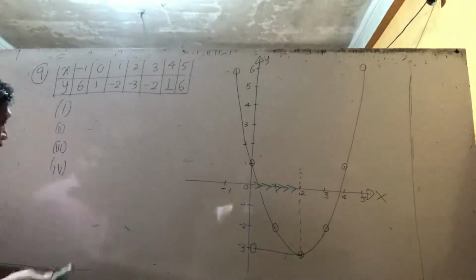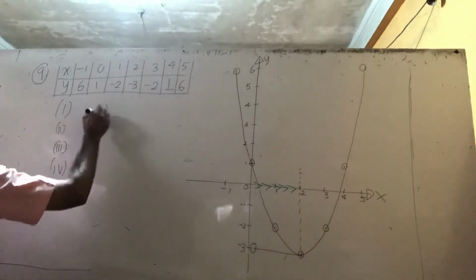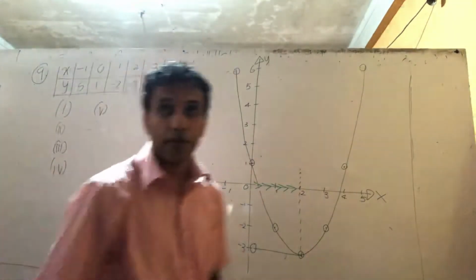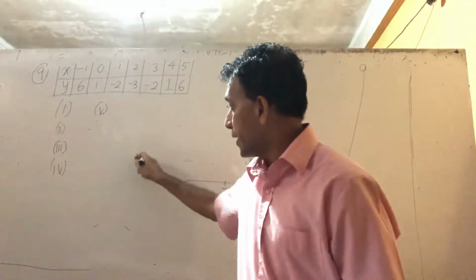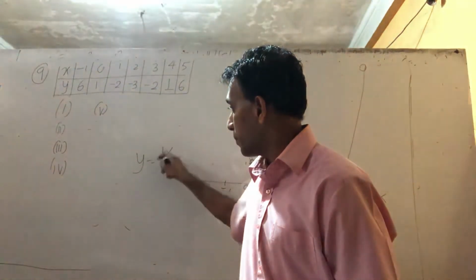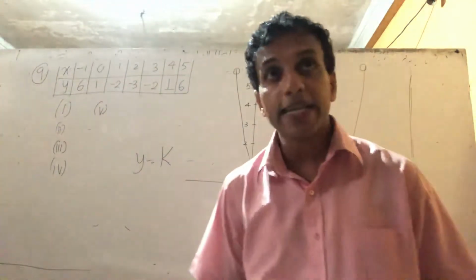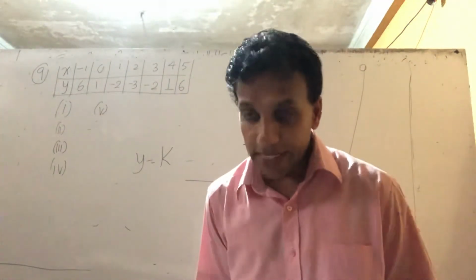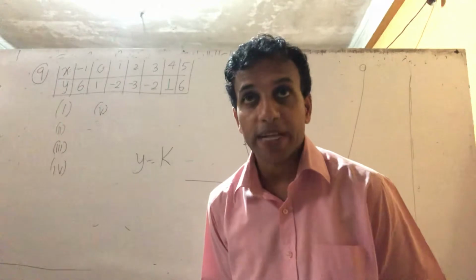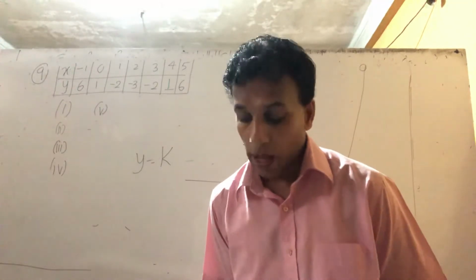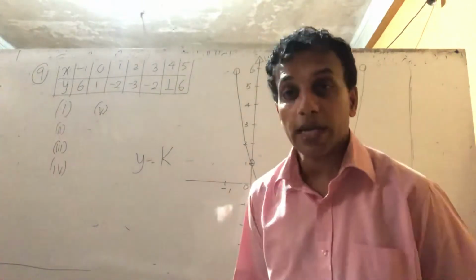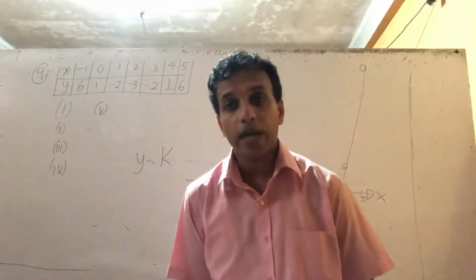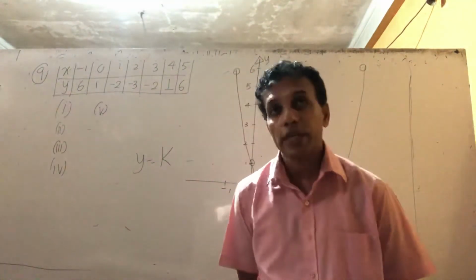Right, next, part 5. Write this. Y equals k is a straight line parallel to the x-axis.